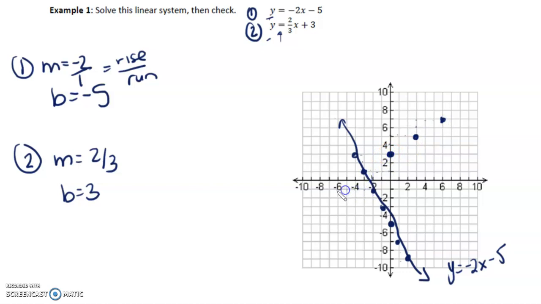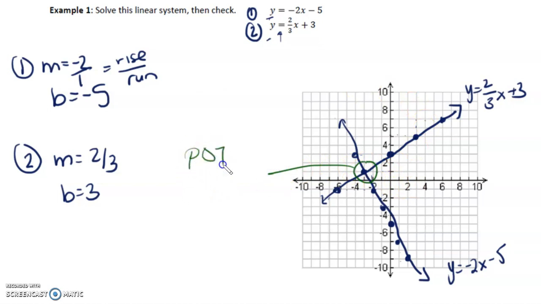We draw a line through that, with 2 arrows, and label. So when taking a look at this, we can see that our point of intersection occurs right here. This is the point. POI can be written for the point of intersection: -3, 1.